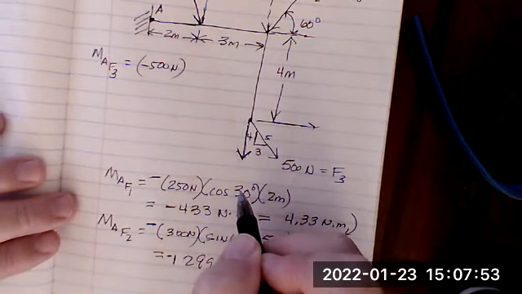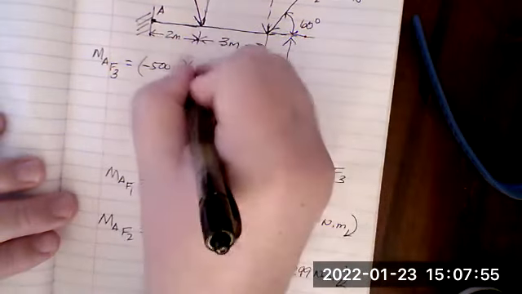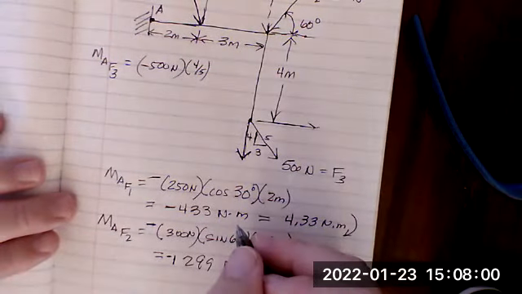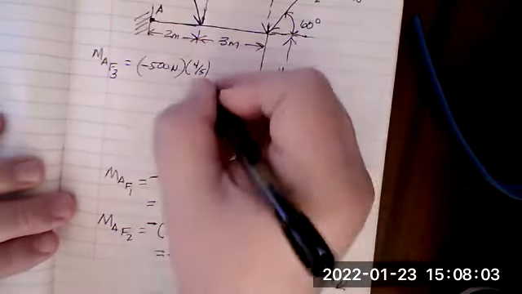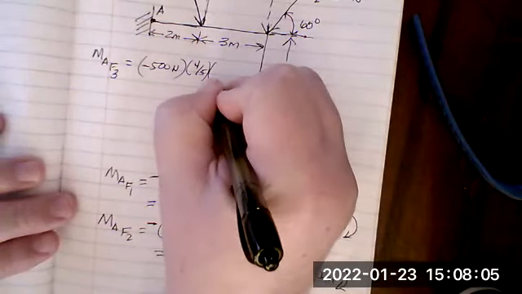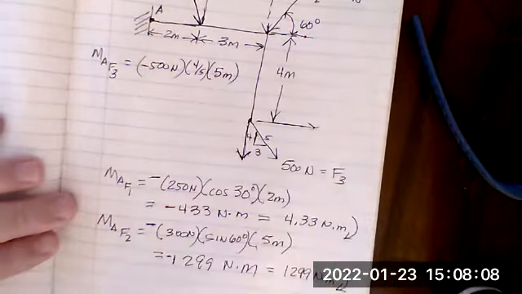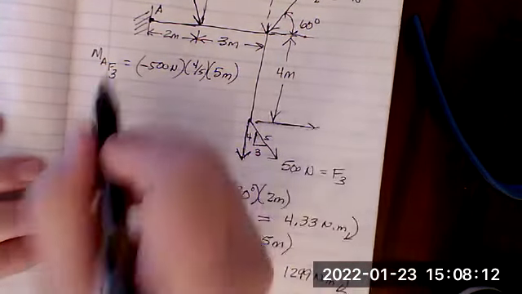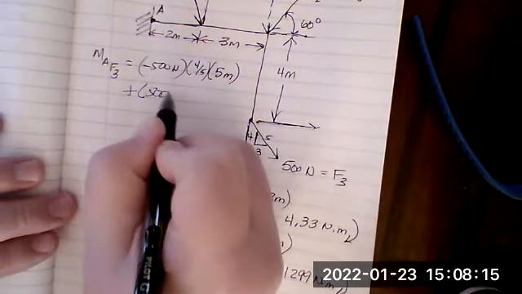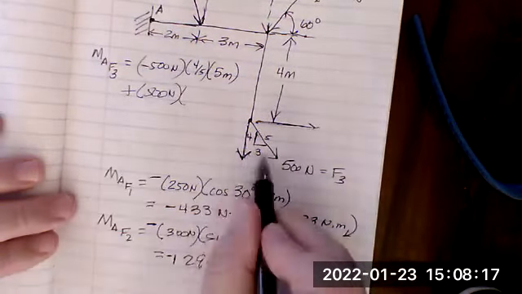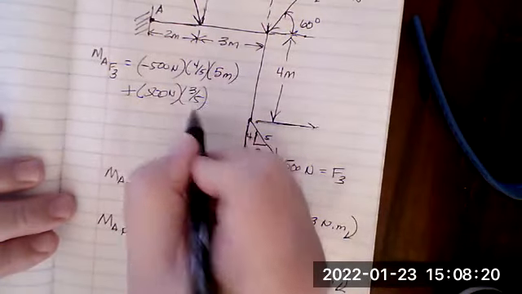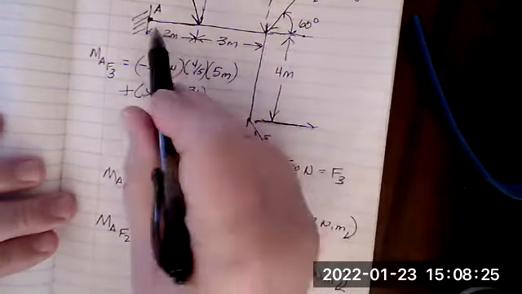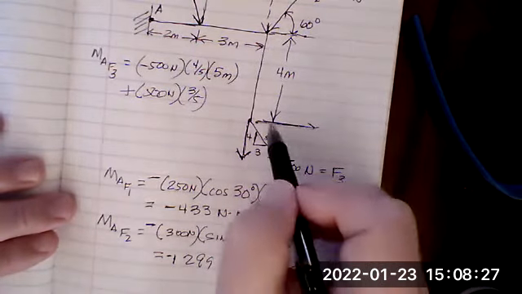So it's negative 500 times 4/5. Remember, because the 4 is parallel to that force, times its moment arm of 5 meters. Okay, 5 meters. So that one, now though, we have to add this one to it. So it's going to be plus 500 newtons times 3/5 times, now its moment arm is right here from A. The moment arm here is perpendicular, 4 meters.